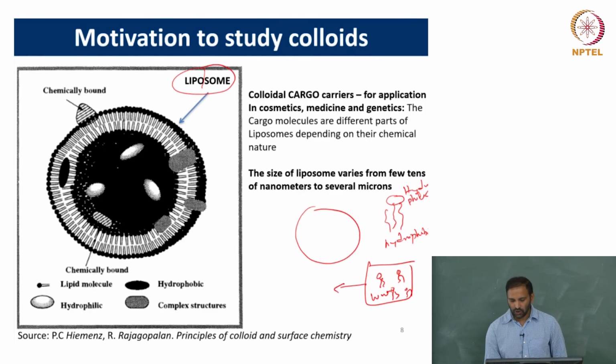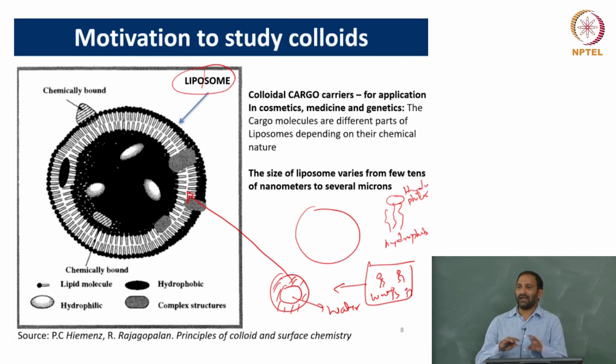In the end, you get structures which look like spheres, and you can think of this as a core-shell kind of structure, where the core has water, because the surfactant molecules or these lipid molecules were put in water, and inside has water. This region here, the shaded region, is actually this layer, and that layer is made up of what is called a lipid bilayer.